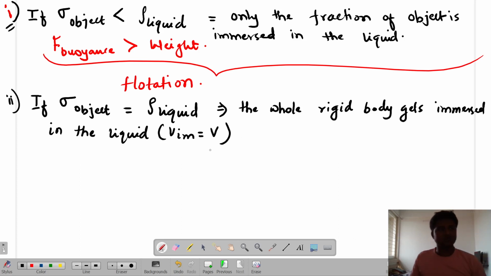But where will the body be? Will it be on top, at the bottom, or where? It is going to be anywhere where you place it. That's the biggest point. So this implies the body remains floating.